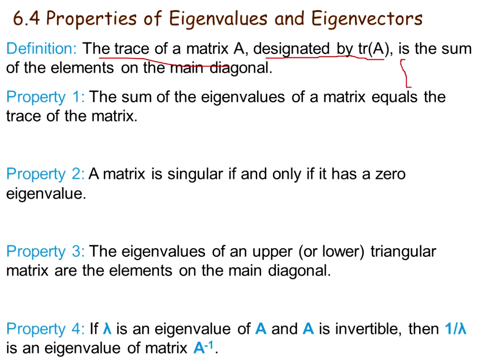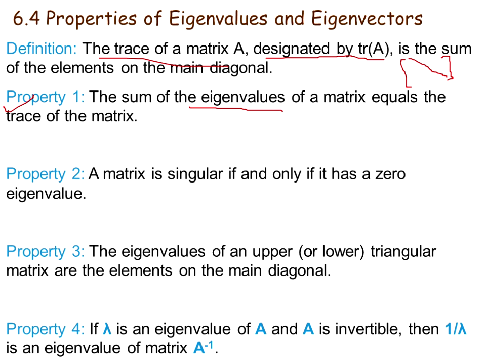For example, if we have a matrix, the sum of the diagonal elements is called the trace of A. Now property number 1: the sum of eigenvalues of a matrix is equal to the trace of the matrix A. So the sum of the eigenvalues is equal to the trace of A. It is a property of the eigenvalues.